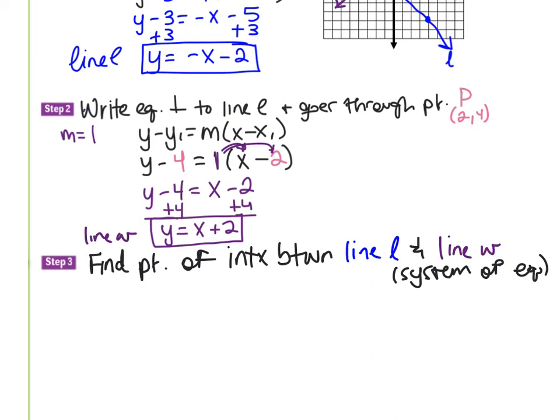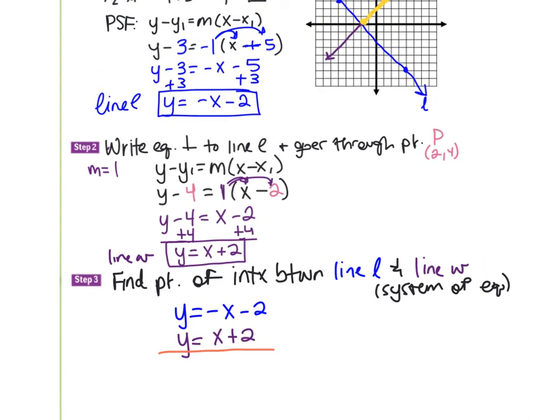I'm going to color coordinate based on the different lines. So we have y equals -x minus 2, which is our line L, and y equals x plus 2, which is line W. Since we are finding the solution, we're looking for this right here where they cross.